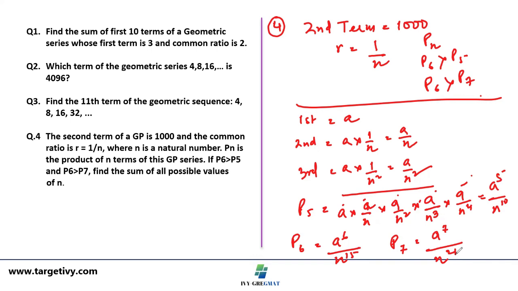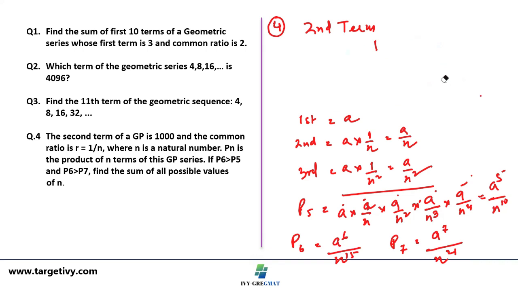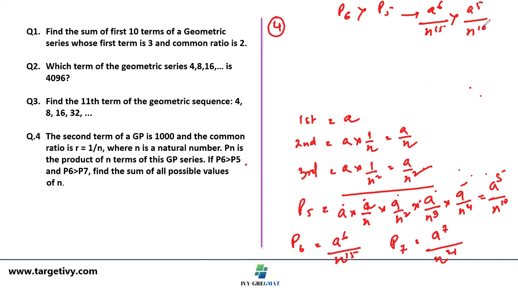Now we are given one thing, that is, I'm writing it here. P6 is more than P5. So that means A to the power 6 by n to the power 15 is more than A to the power 5 by n to the power 10. If I do a simple calculation, I find that A is more than n to the power 5.